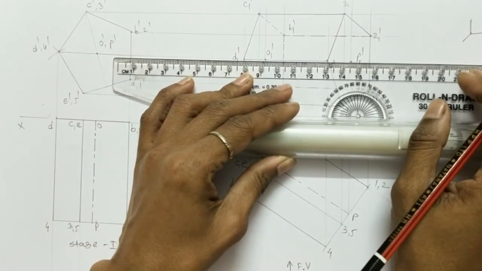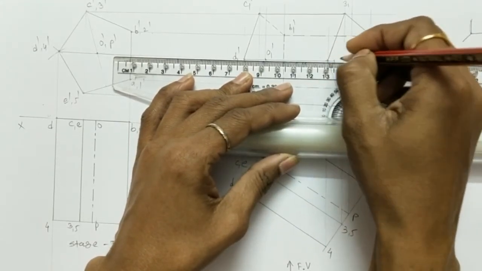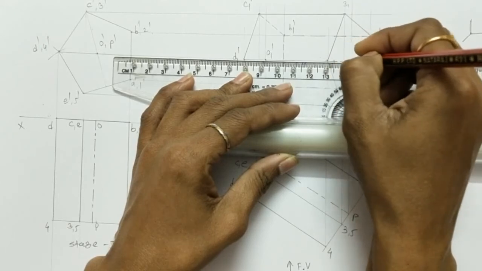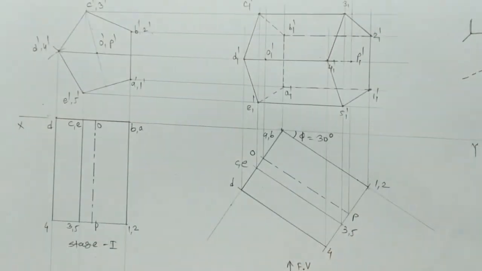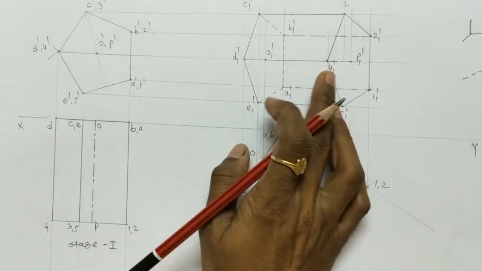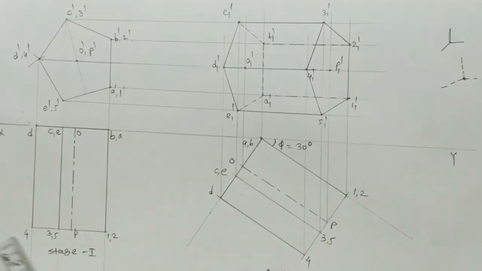So show it by axis line, that is a center line like this. One line small, one line large. So in this way we have completed this example.